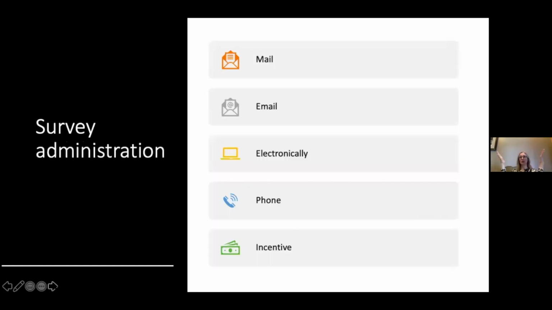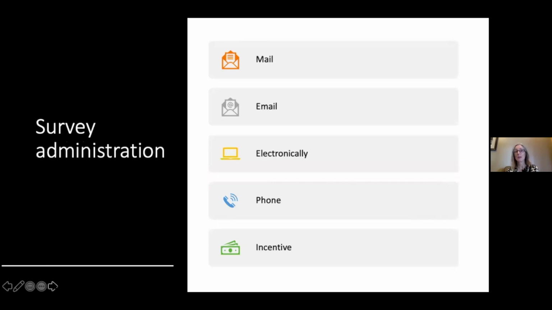So how should we survey? So we talked a little bit about that. It's so easy to survey electronically, right? And you would think that the answer now is electronically. It turns out that the best response rates are with mixed methods surveys.